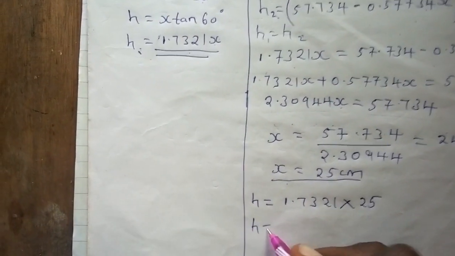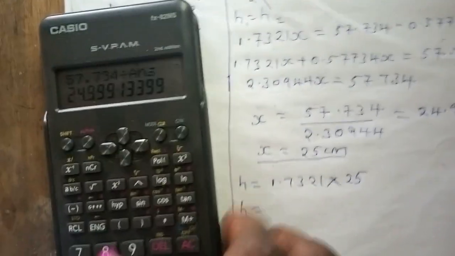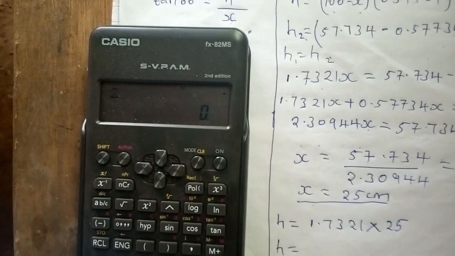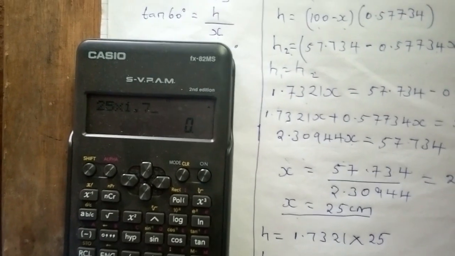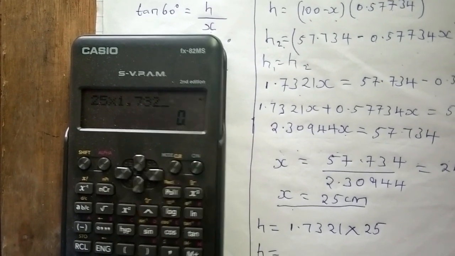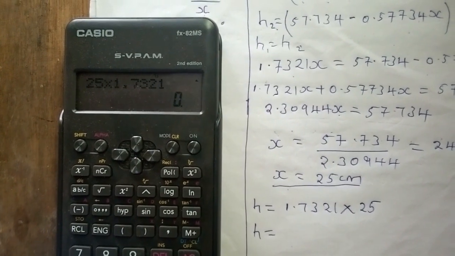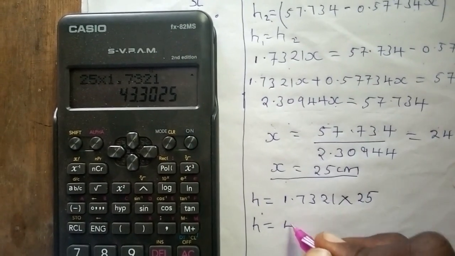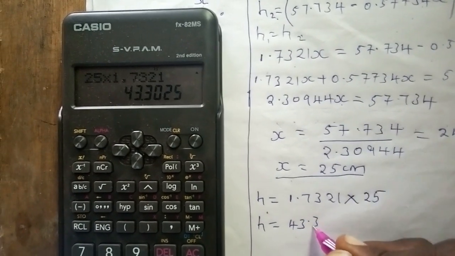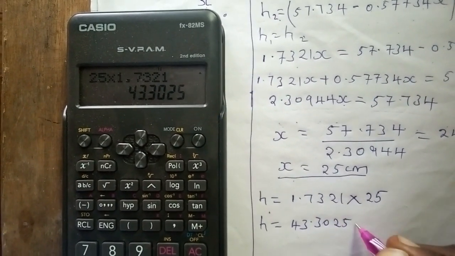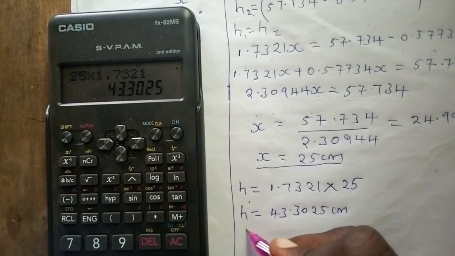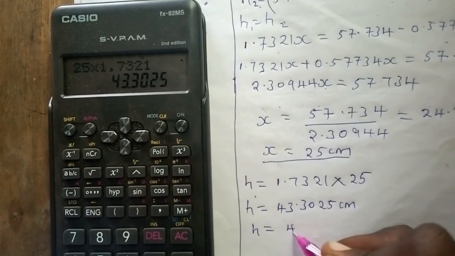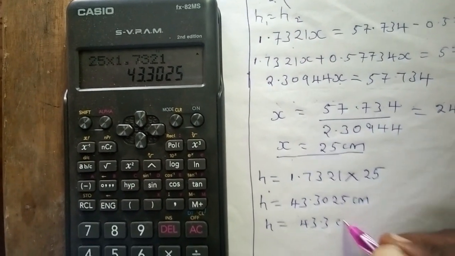So h is equal to 25 times 1.7321. Using our calculator, the answer becomes 43.3025 centimeters.